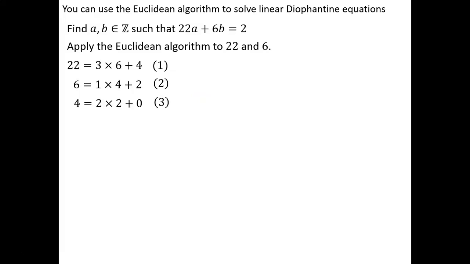Now I know you could find the highest common factor of 22 and 6 without using this algorithm, but it's this process, it's these relationships that you're finding here that are going to be useful to you. Okay, so our highest common factor is 2.